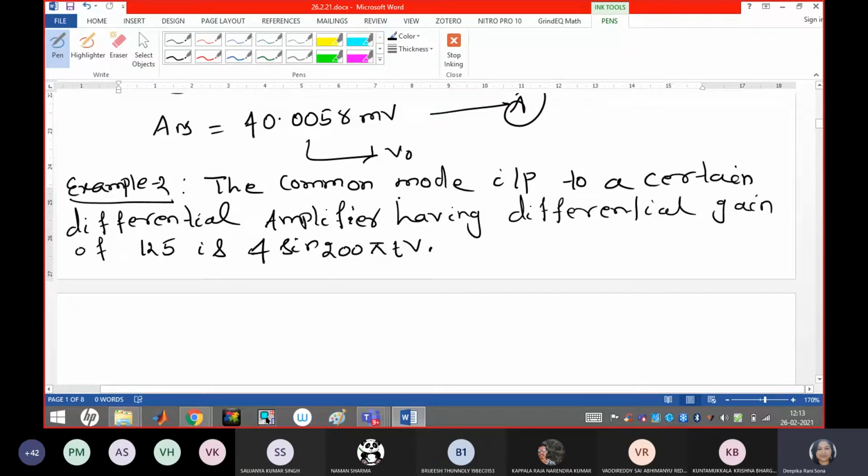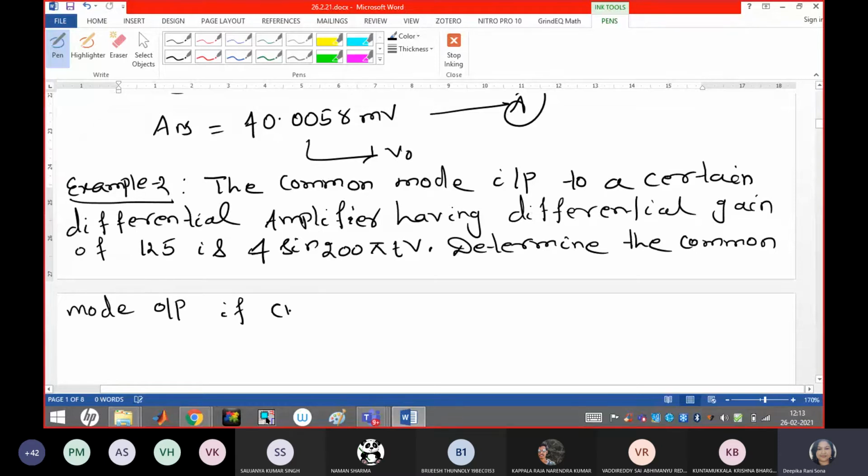Determine the common mode output if CMRR is 60 dB. Okay, so here is the question for you.